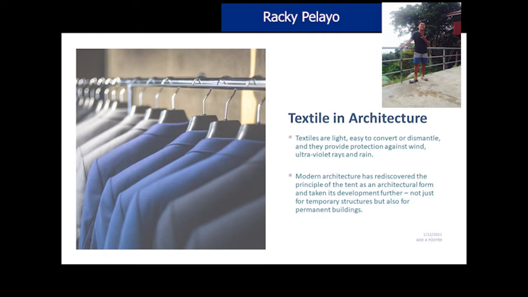Modern architecture has rediscovered the principle of the tent as an architectural form and taken its development further, not just for temporary structures but also for permanent buildings. Today, a lot of architects use textile in their designs to build quickly. Textile is one of their materials to accomplish the plan.